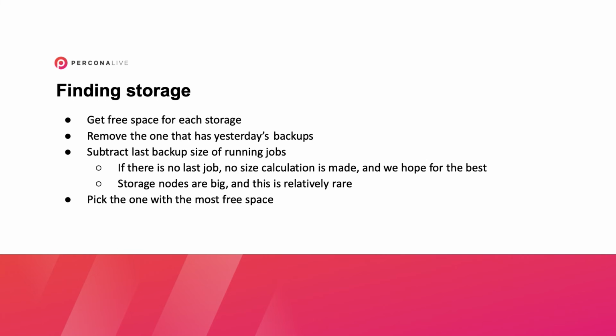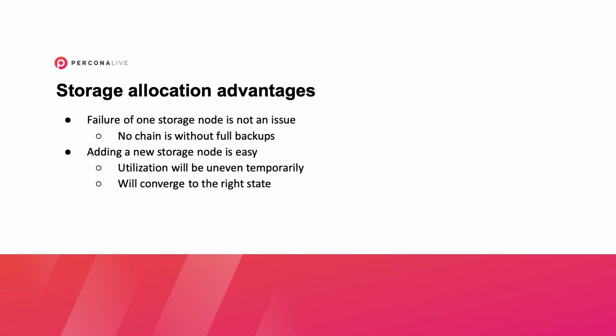And we just pick the one with the most free space that can have this backup. Okay, the advantages of this is that the failure of one storage node is not an issue, no chain is without full backups, and adding storage nodes is relatively easy.